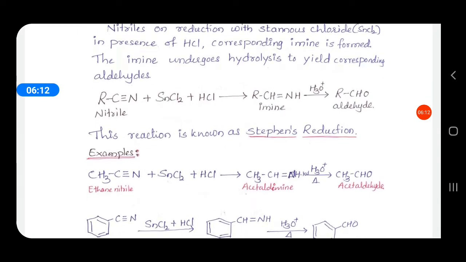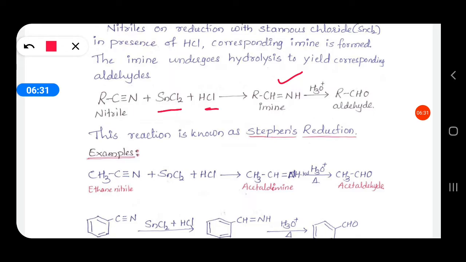Nitriles, R C triple bond N, are reduced with stannous chloride in the presence of HCl. Initially imine, actually imine hydrochloride, is formed, RCH.